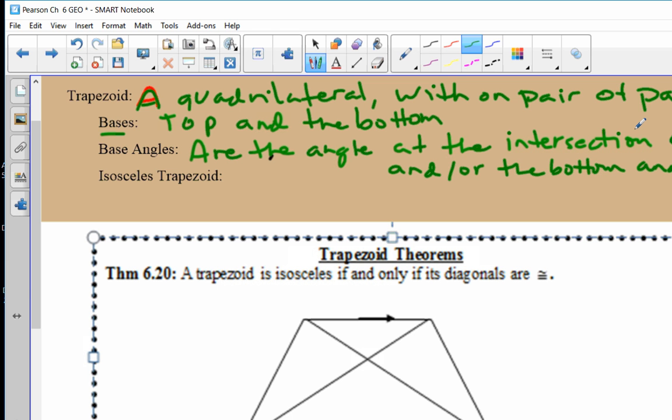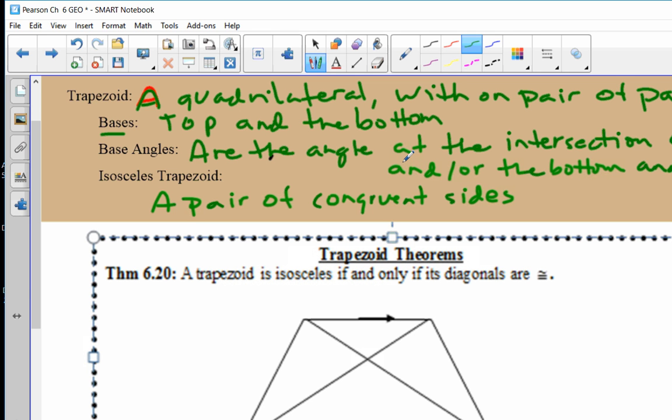We'll illustrate that in a couple minutes here, okay? An isosceles trapezoid is going to have a pair of parallel sides, similar to the first definition, but it's also going to have a pair of congruent sides. And we typically work with isosceles trapezoids in most of the stuff that we do, okay?